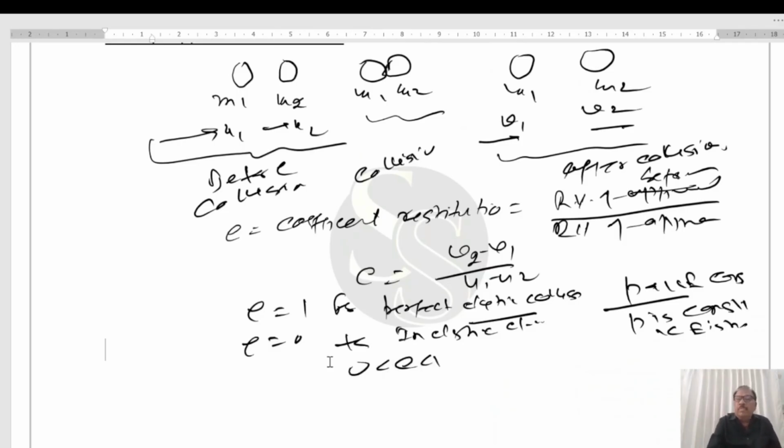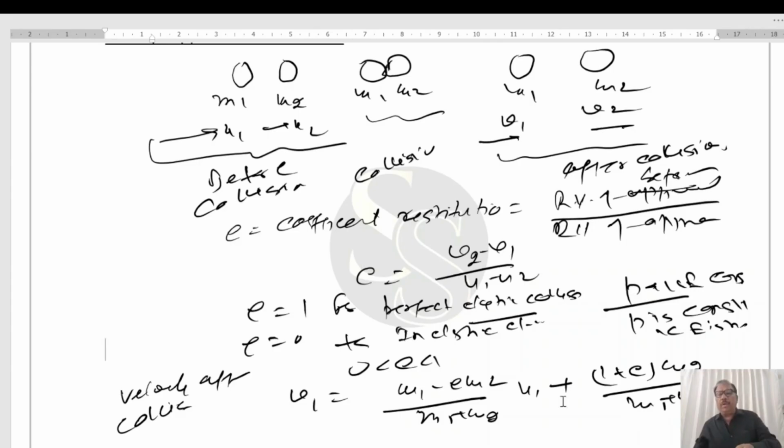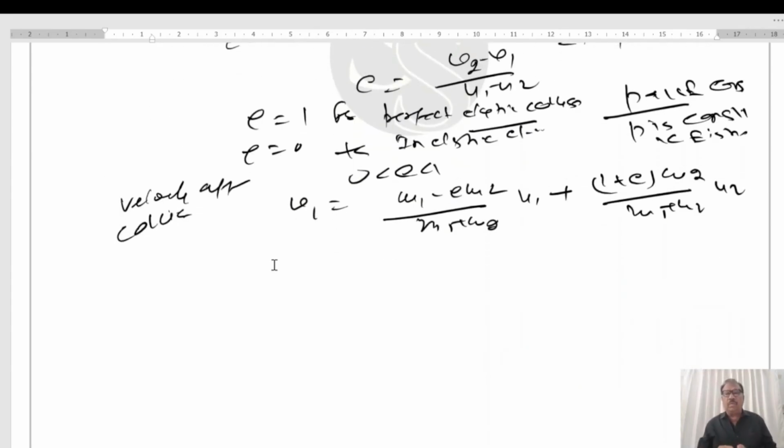Now, velocity after collision: v1 equals (m1 minus e m2) upon (m1 plus m2) times u1, plus (1 plus e) m2 divided by (m1 plus m2) times u2. Depending on the value you can find everything.